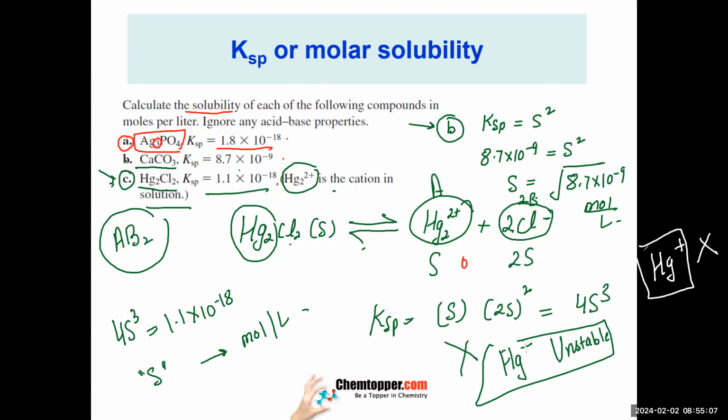But there is mercury 1 plus oxidation number. So how is it existing as a dimer? There are two mercury 1 plus which are combined. So what's the charge per atom here? 1 plus, right? It's a dimer. So that hint will be given to you in the exam.